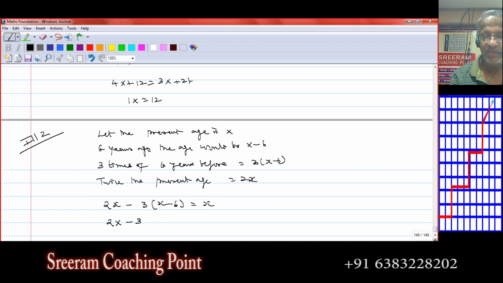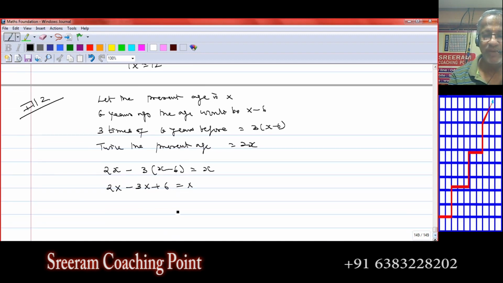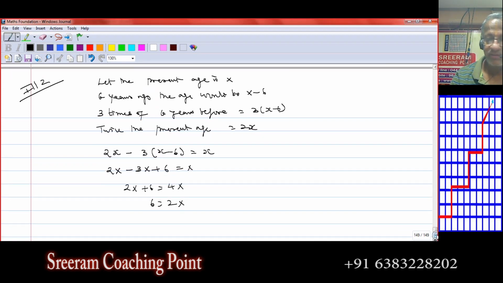2x minus 3x plus 6 equal to x. Take this x and minus 3x to the other side. 2x plus 6 equal to 4x. So 6 equal to 2x.